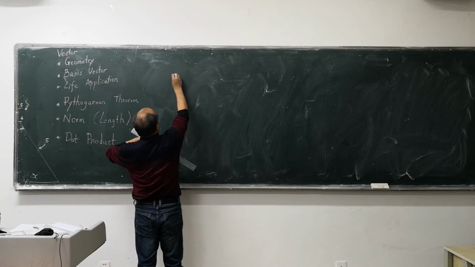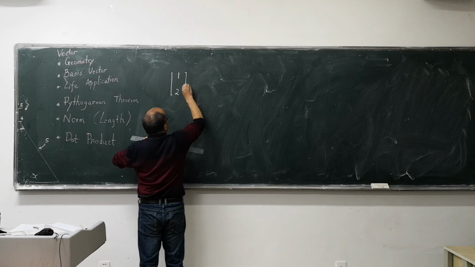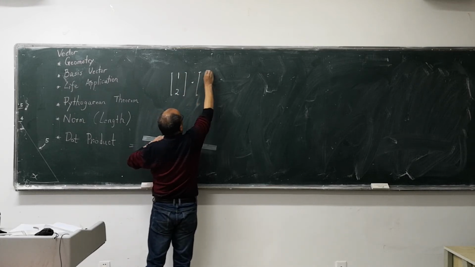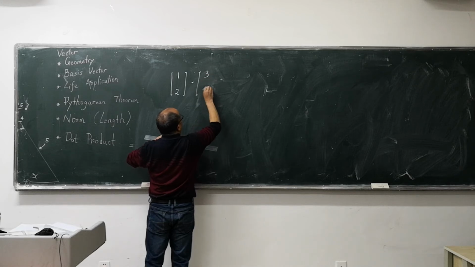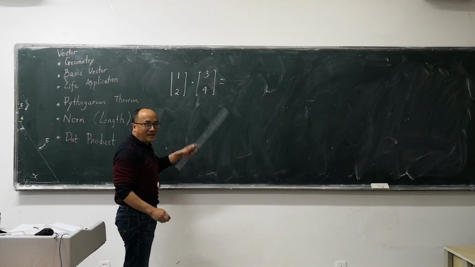So when we have a vector 1, 2, dot product 3, 4, what's the answer?